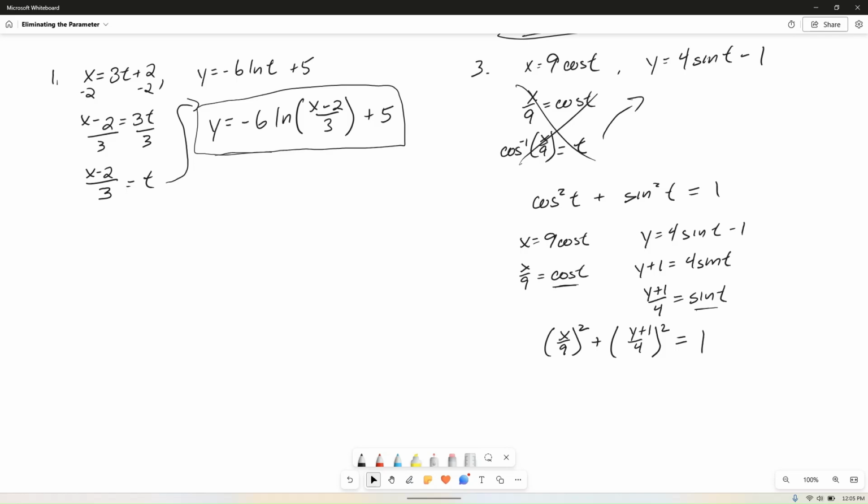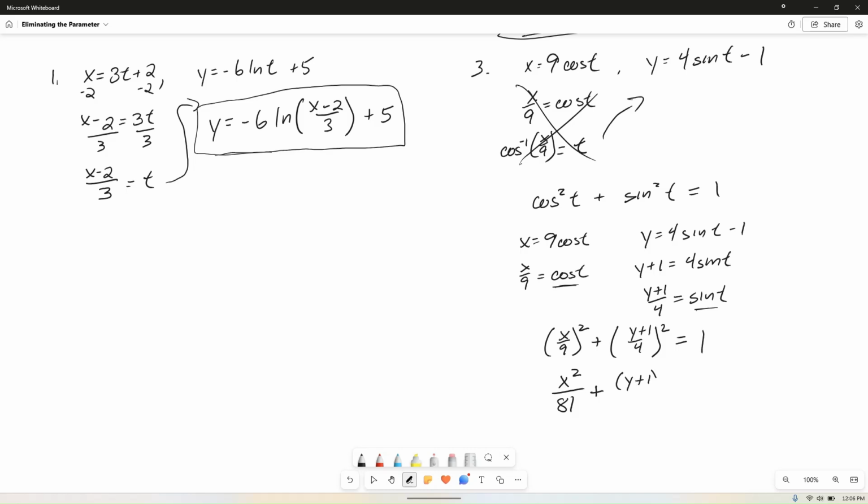I will simplify this a little bit. For each fraction that you square, you can square the numerator and the denominator. So instead of x over 9 quantity squared, I could rewrite that as x squared over 81, because 81 is 9 squared, plus, now I have y plus 1 squared. I can't really simplify that any further without foiling it out. I don't want to do that.